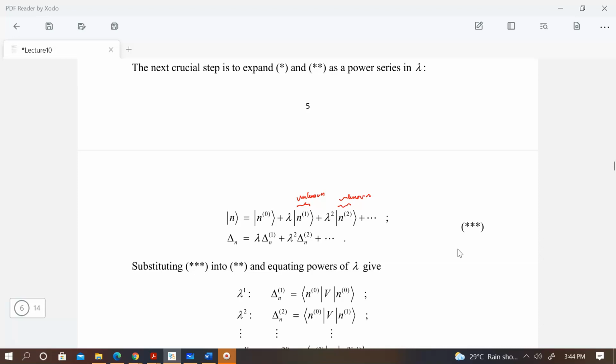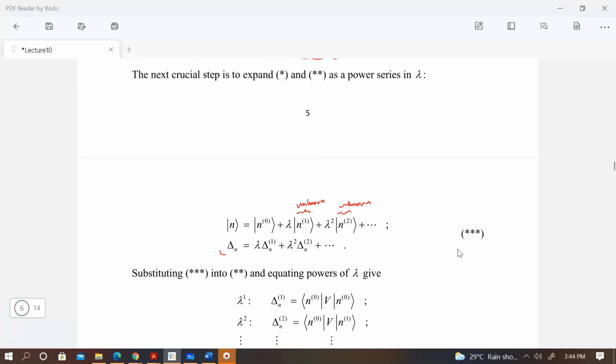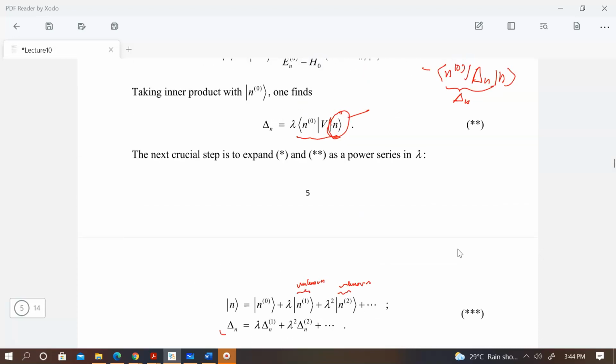Similarly, for your delta n, we assume that we can also expand this in a power series. So it will start with the first order term, because the zero order term for this is just zero. Okay. So there you have again another power series in terms of lambda. And then you plug this thing back into this equation. Okay. So here you have a power series. Here you have your power series.